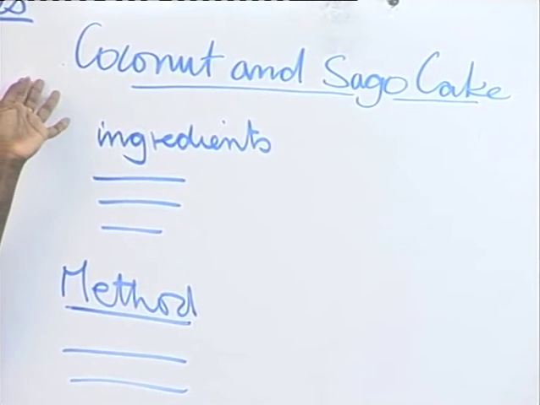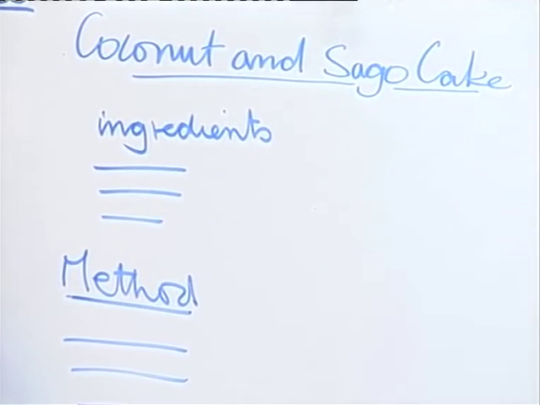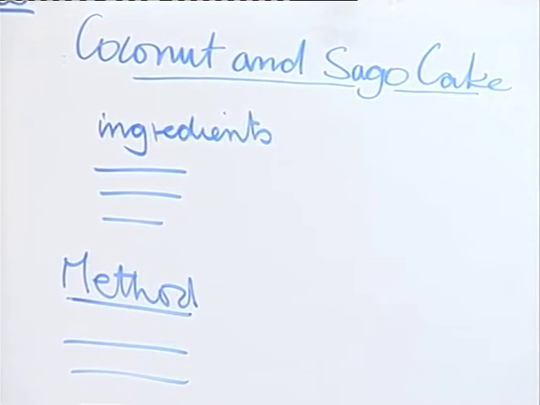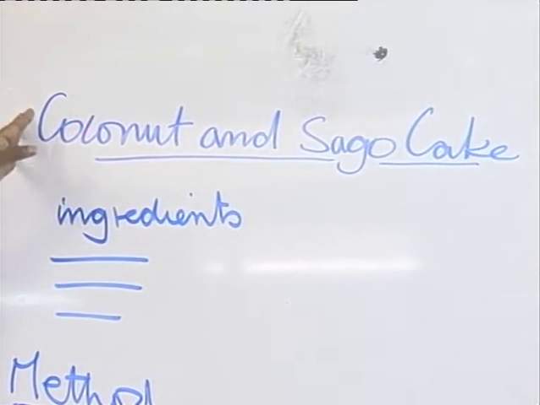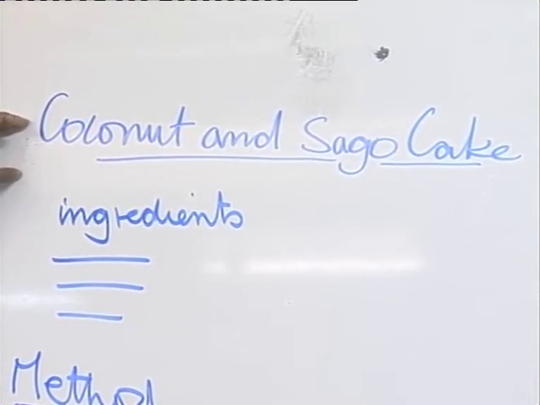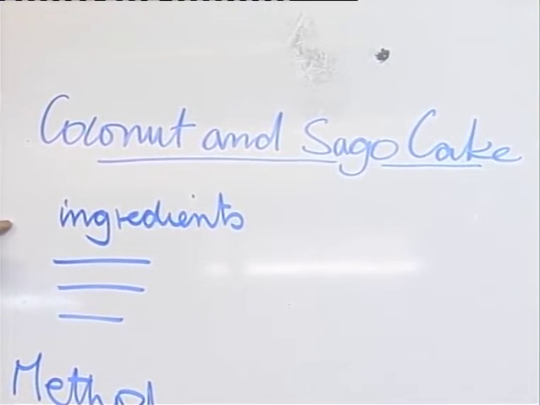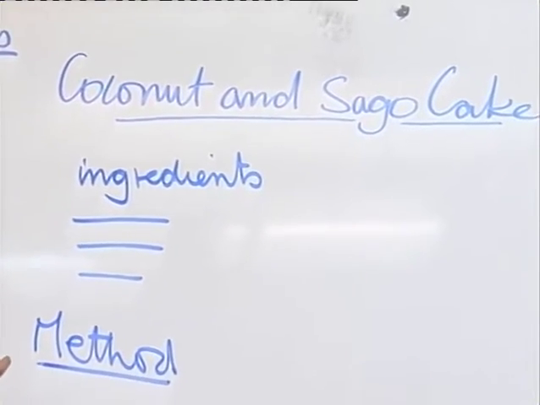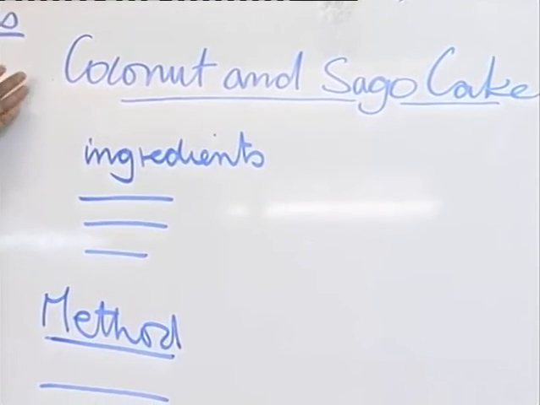She's using local foods. The name of your food dish must be written, and based on the food dish, you have your recipe done with your ingredients and your method. So please take note of that and have it done like that.